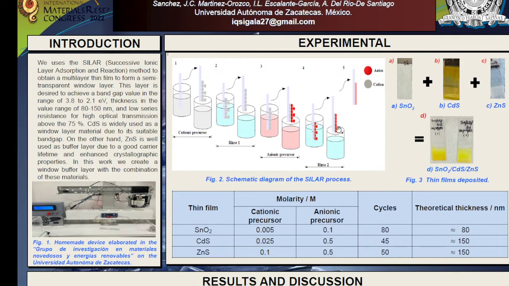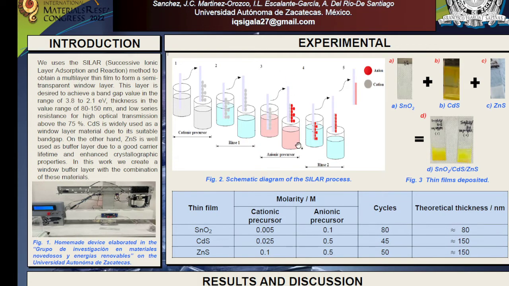The rinses are a cleaning process, and also help us to achieve homogeneous thin films. All four steps mentioned become one full cycle.